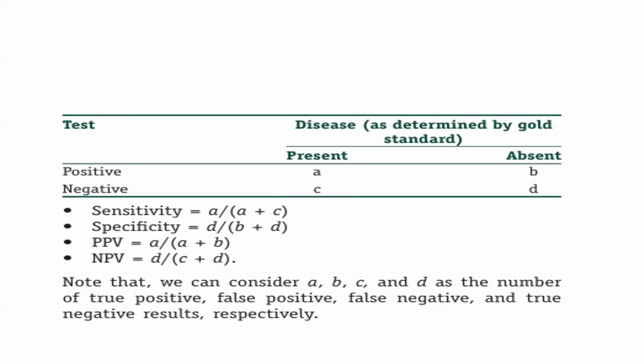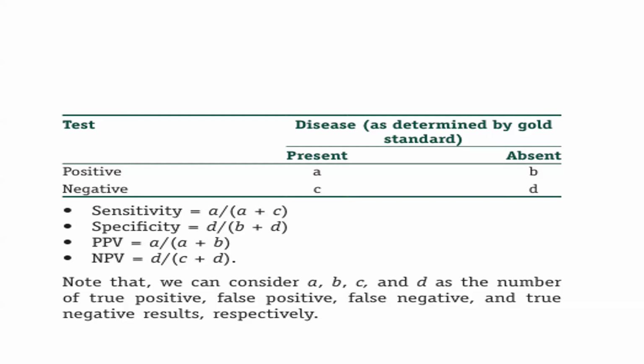So this is the formula of sensitivity, that is A upon A plus C. Specificity indicates the absence of disease, indicated by the negative test, that is D upon B plus D, where A is the true positive, B is the false positive, C is the false negative, and D is the true negative.